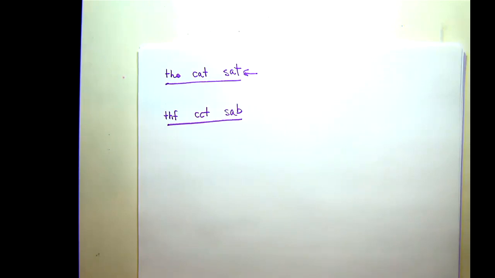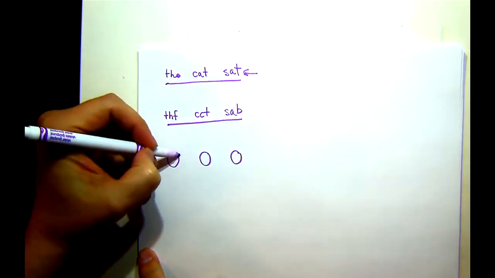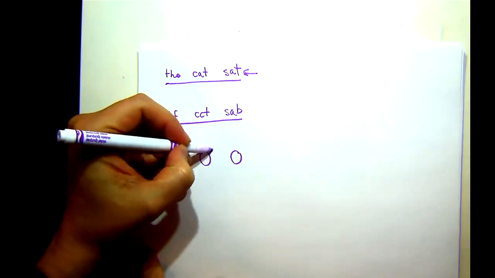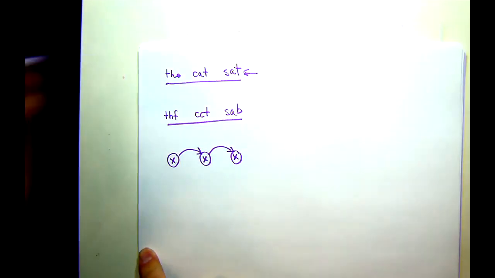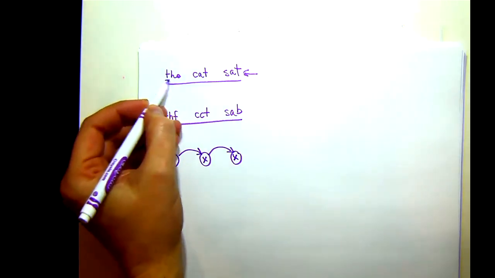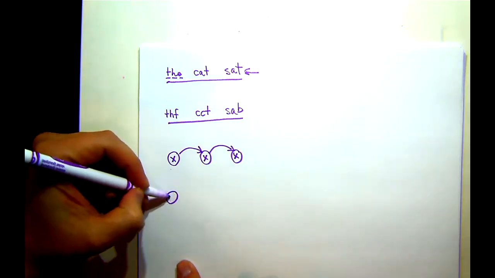And so what we're going to do is make a model that's going to look something like this. There's going to be a sequence of variables, which we're going to call x's. And these are going to be the hidden variables. Hidden variables means you didn't observe them. So these x's correspond to the letters of the unobserved, the thing that we're trying to recover. And then there's something called the observed variables, which look like this.